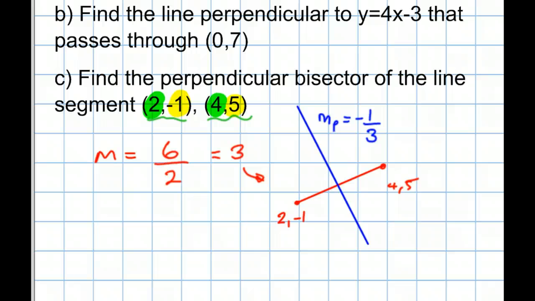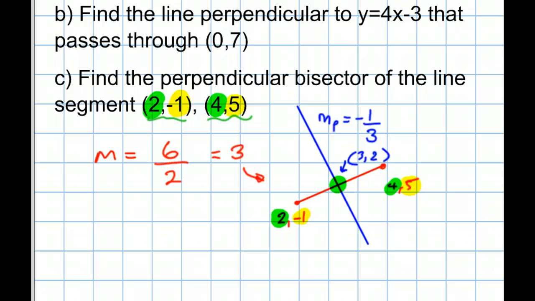Now, I don't know which point it passes through. Well, I do actually. It says it's the perpendicular bisector, so it cuts it halfway. So it passes through the midpoint, and the midpoint would have coordinates. Well, add the y coordinates together, minus 1 add 5 is 4, and then halve it, 2. And add the x coordinates together, 2 add 4 is 6, halve it is 3.